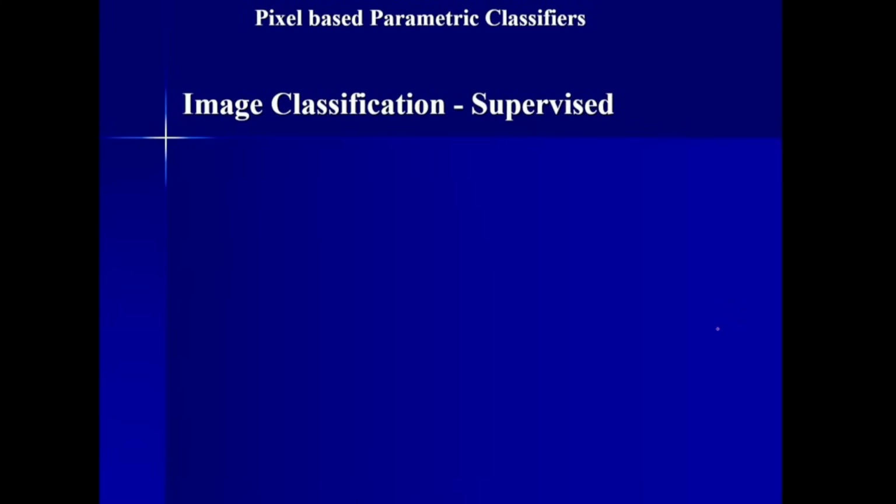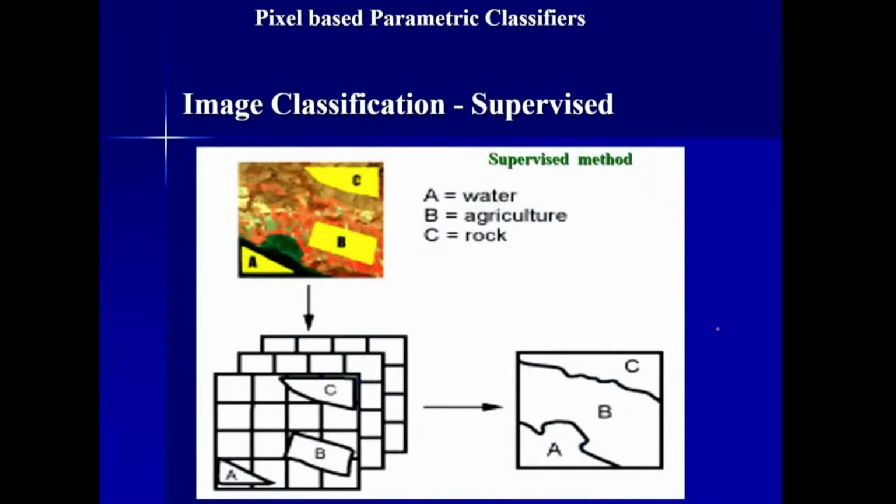Second, coming to supervised image classification. Supervised means you are providing the training data. So that means you have the label: A is water, B is agriculture, and C is rock.